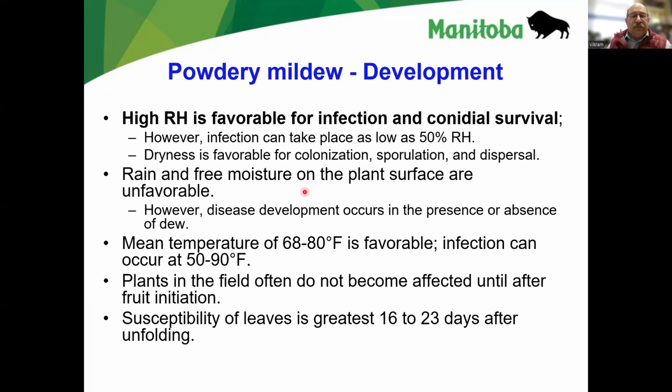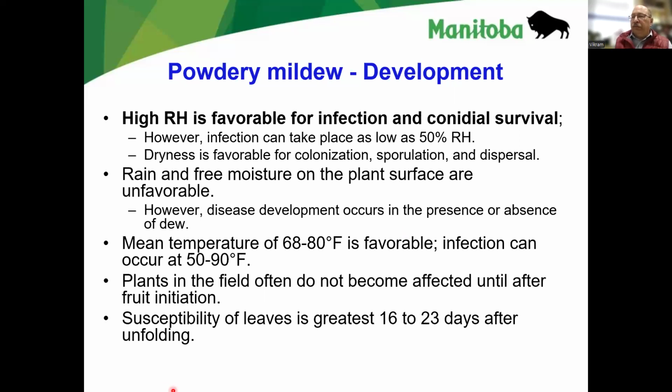Now, the temperatures that support it are about 68 to 80 degrees, and even at extremes of 50 degrees and 90 degrees, infections can happen. And usually after the fruits have been initiated, the infection appears. I suppose it is the stress on the plants that is one of the factors.